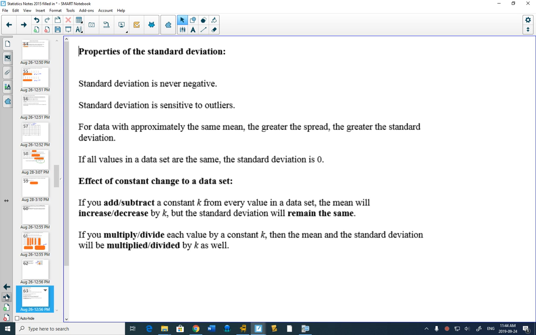If in this class we were trying to figure out standard deviation for height and we had someone in here that was 7'8", that would really throw things off. For data with approximately the same mean, the greater the spread, the greater the standard deviation. Does it make sense that if all values in a data set are the same, the standard deviation is 0?